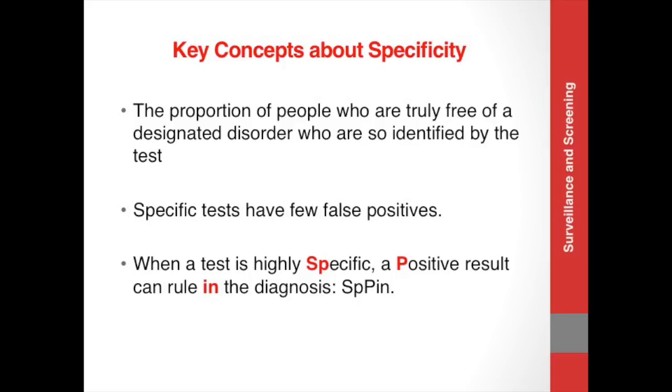Specificity, on the other hand, indicates the proportion of people who are truly free of a disease who are so identified by the test. Specific tests have few false positives, and when a test is highly specific, a positive result can rule in the diagnosis.